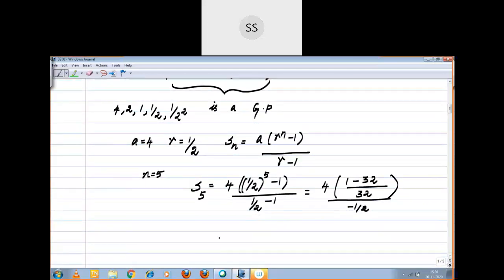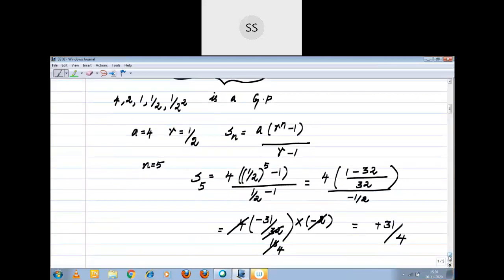Now, this is equal to 4 into minus 31 divided by 32. Here the denominator, as a fraction, acts as a reciprocal, that is minus 2. So your S5, minus into minus plus, is 31 divided by 4.